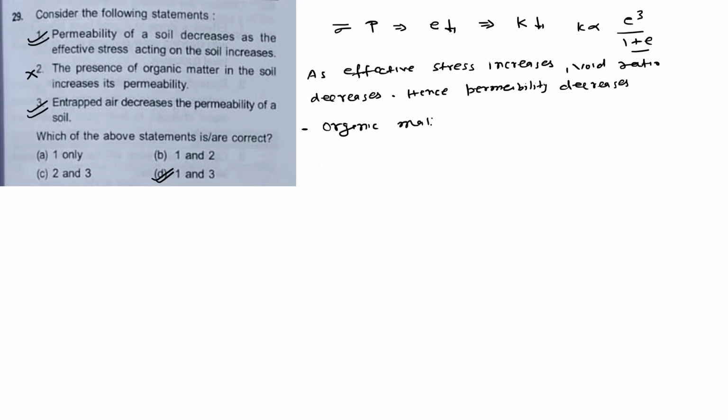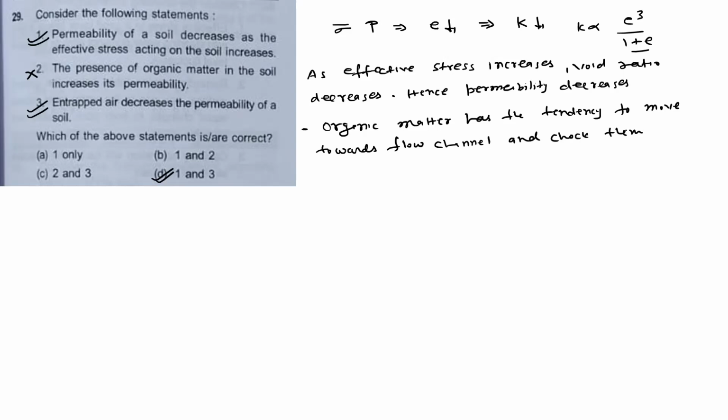Now, organic matter has the tendency to move towards flow channels and choke them, thus reduces permeability.